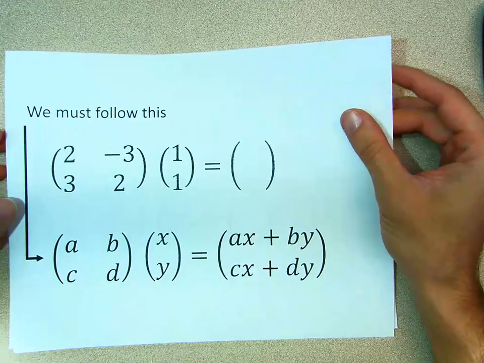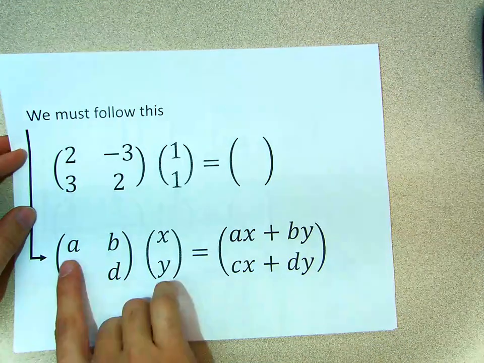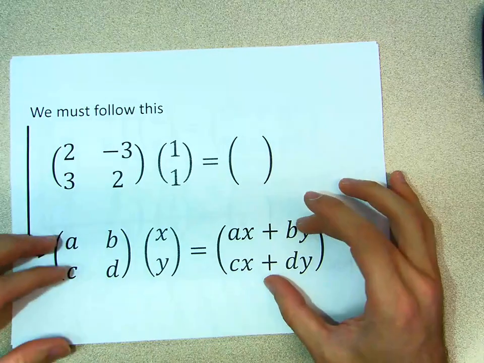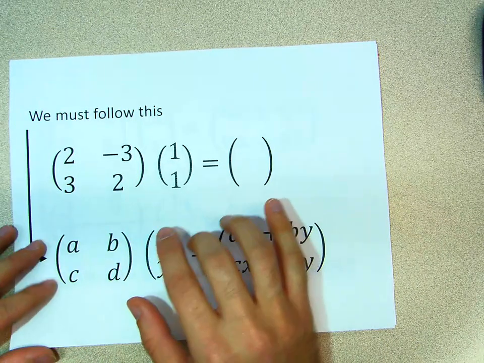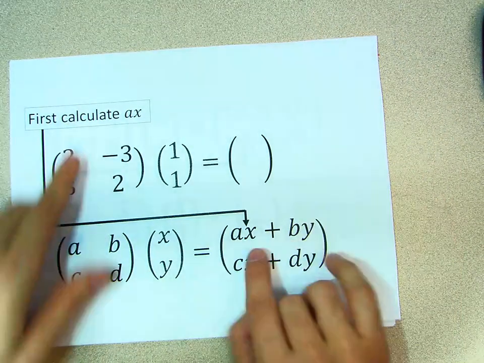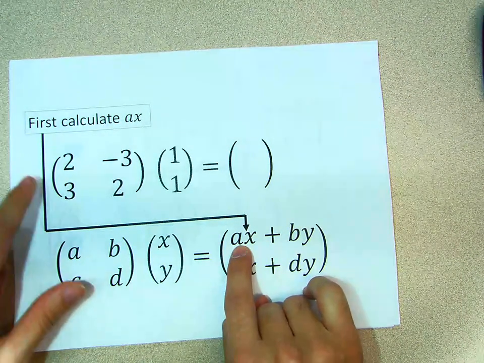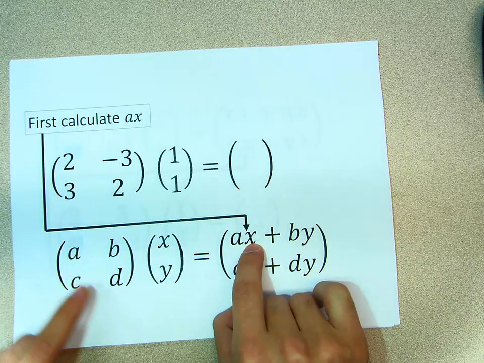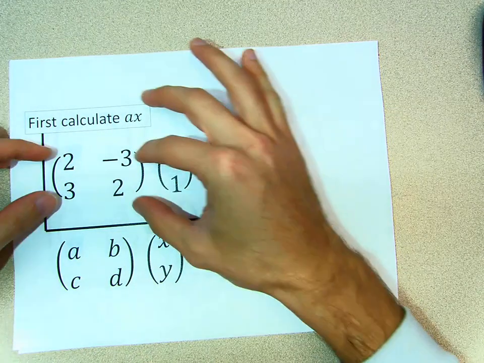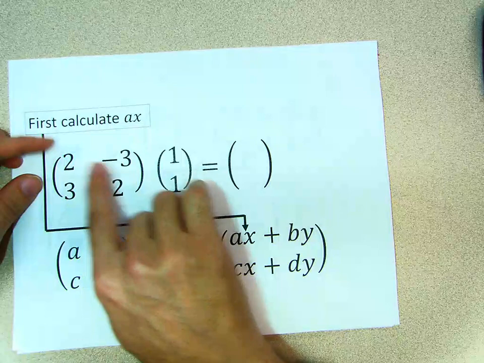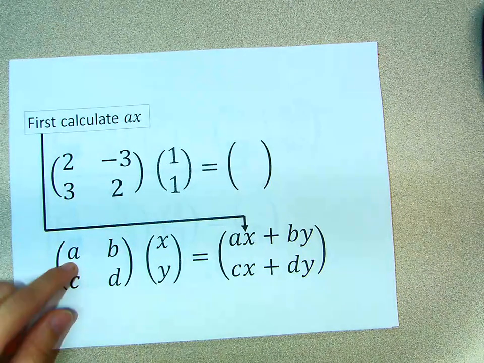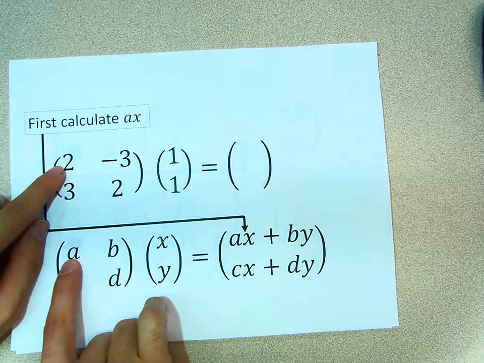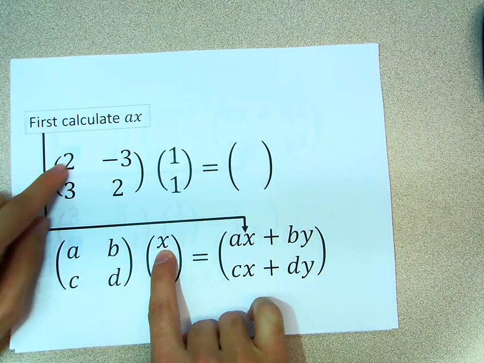All right, so the first thing we want to do is follow this. This is our guideline here. Whatever this thing is that we have going on here, this will be some matrix multiplication. So let's take a look. First, we want to calculate a times x. So here, if this is my matrix up here, you see I have 2, -3, 3, 2 and 1, 1. My a value is going to be 2, and my x value is going to be 1.